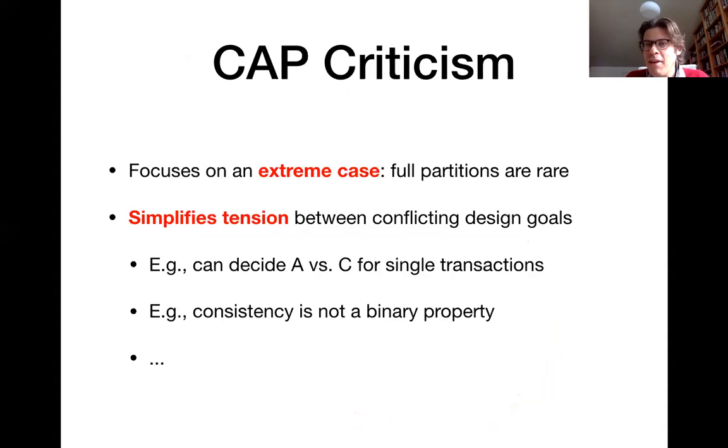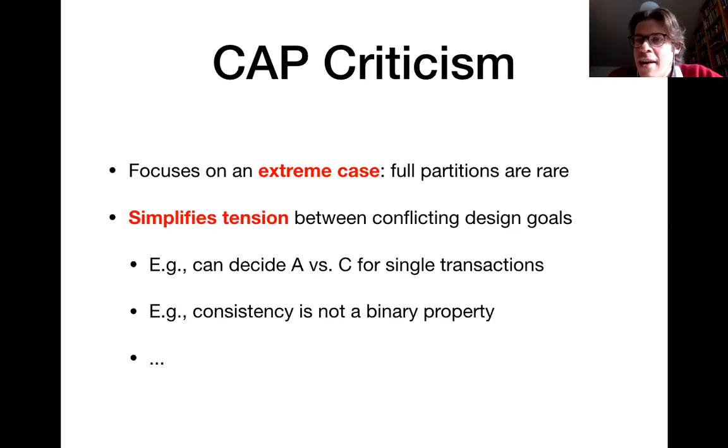If you really have a system where different parts cannot talk to each other at all anymore, that might be rare. And also, we consider consistency and availability as something binary in the CAP theorem, and that, of course, is a simplification. In practice, you have a lot more choices.